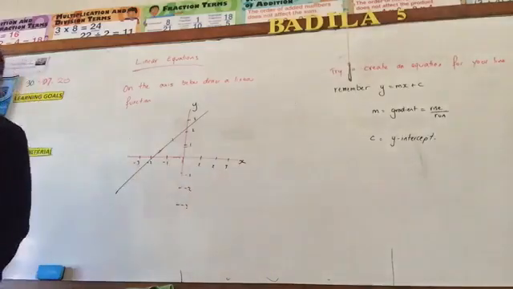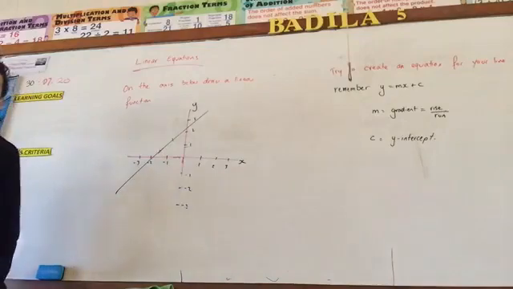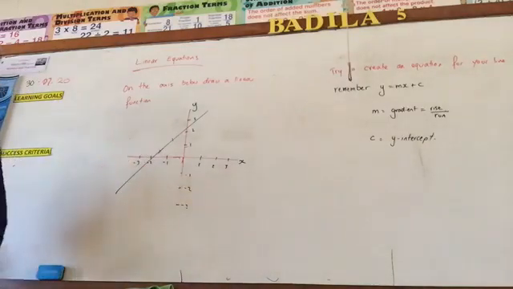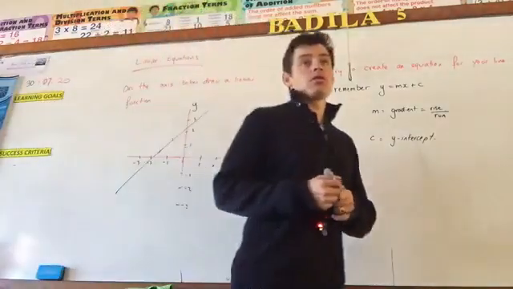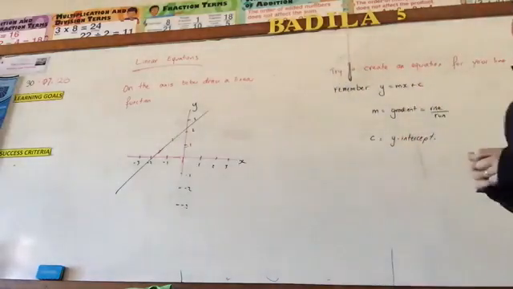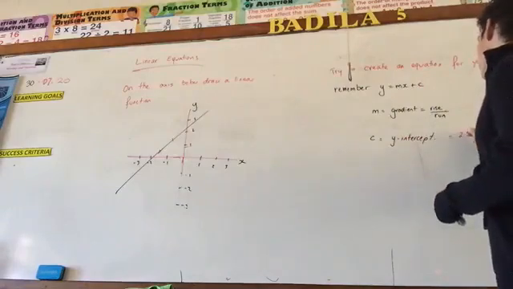Looking at that line, where do you think that crosses the y-axis? A little bit more than 2, maybe 2.2, 2.3. Happy with that? So straight up I know what about my function? Y-intercept, which is my C. So in this scenario, I look at my graph and I say, look, it's 2.3.